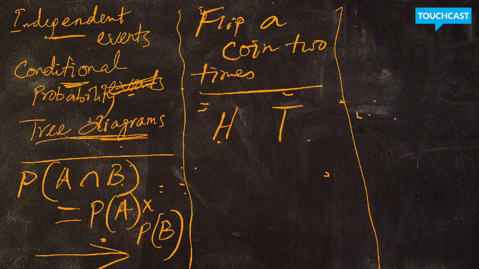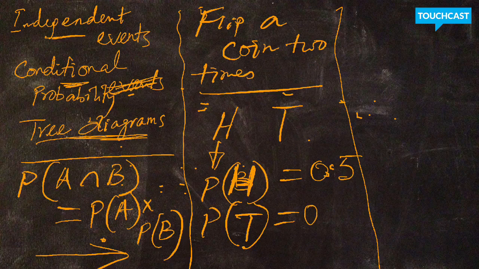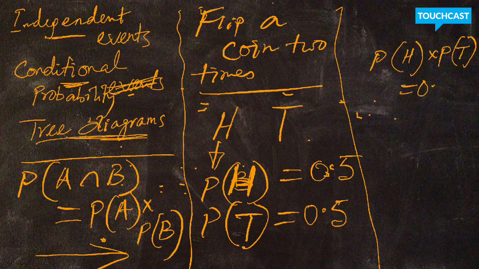And we know the probability of getting a head is 0.5, and probability of getting a tail is 0.5. And if we multiply these two probabilities, probability of head and probability of tail should be 0.5 times 0.5 equals 0.25.